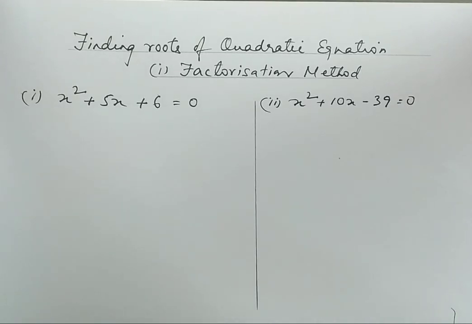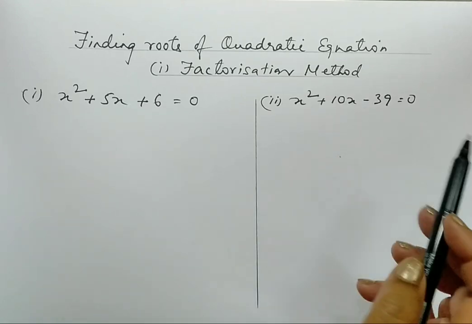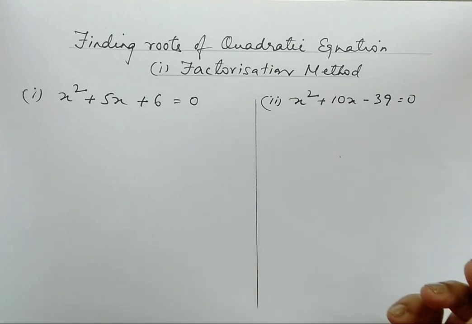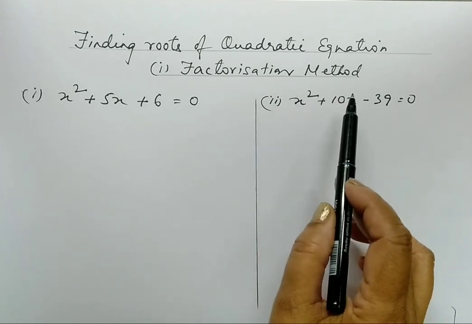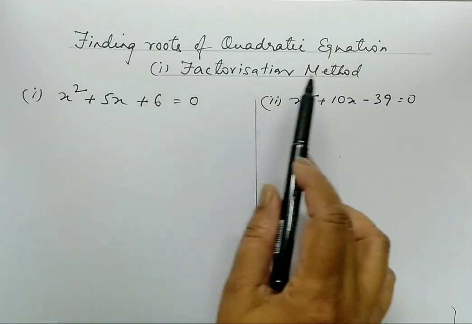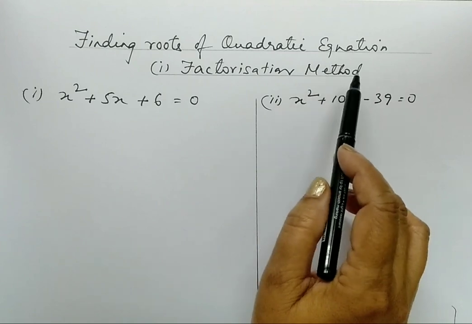Now here we have two quadratic equations which we are going to solve by means of the factorization method. Factorization method is the simplest way to find the roots of a quadratic equation. What do we mean by roots of a quadratic equation?